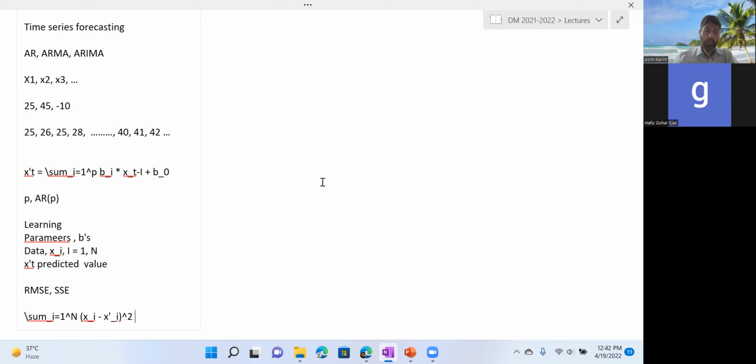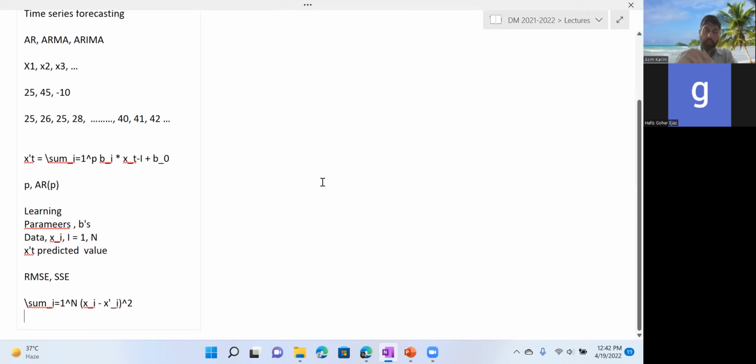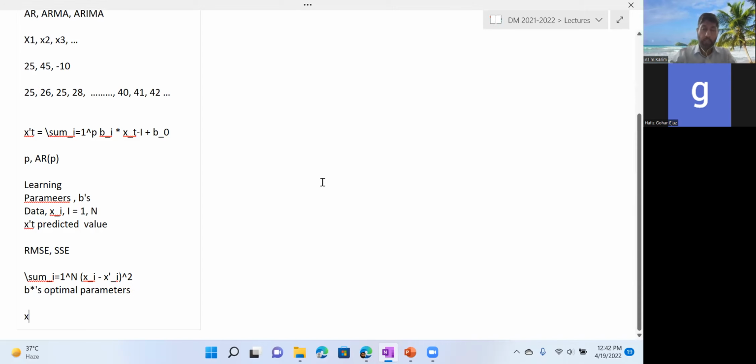So this is called the least squares formulation for this regression problem. We are minimizing the sum of squared errors. After minimizing this, you get the optimal parameters, which you can call b stars. Once you have this b star, you can use it for making predictions.